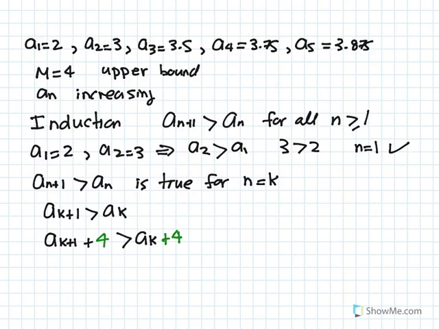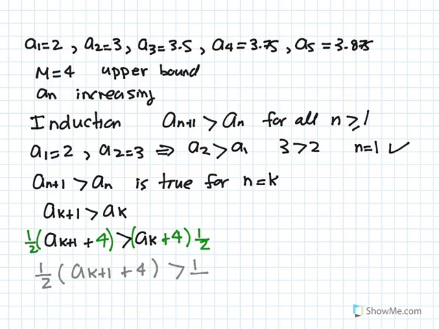So now let's multiply both sides by 1/2. So 1/2 multiplied on the left-hand side, 1/2 on the right-hand side, and we're going to get 1/2 (a_{k+1} + 4) is larger than 1/2 (a_k + 4).